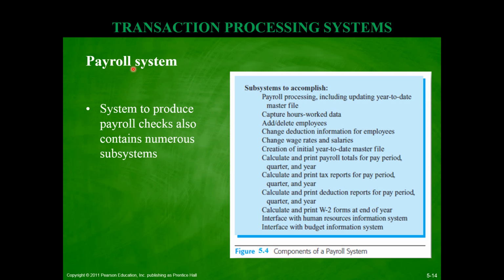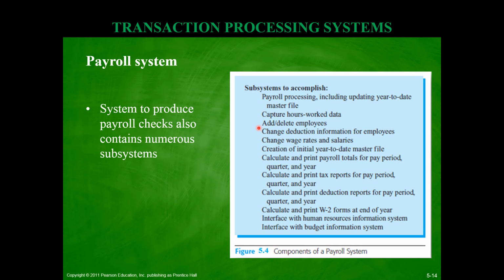Now, one example of a transaction processing system is the so-called payroll system. So the system that has the ultimate goal of paying employees every month or bi-weekly, depending on the kind of HR setup an organization has. A transaction processing system does not mean a simple system, because handling payroll can involve a number of steps or high-level processes.